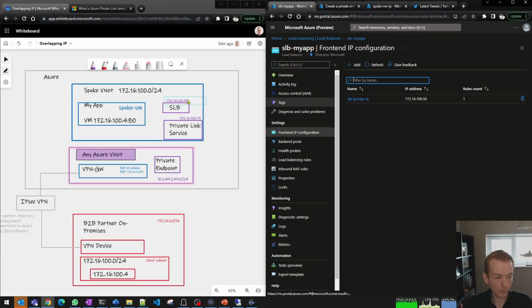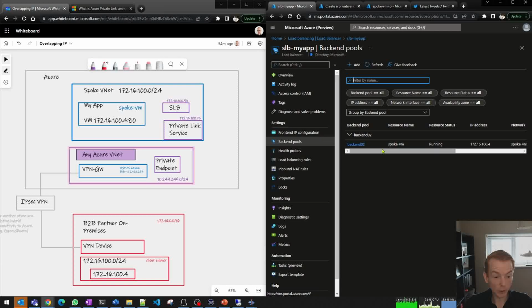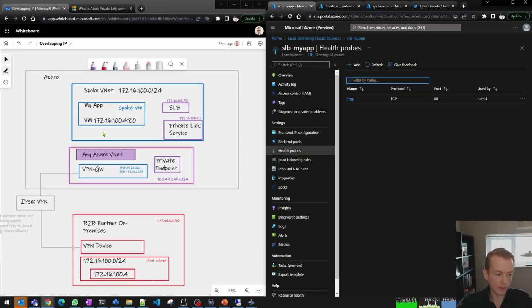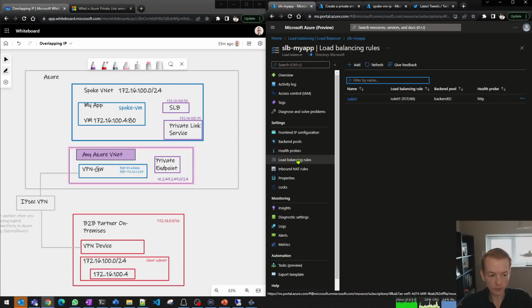I've statically mapped the front end. A single backend pool has to be defined based on NIC when you're using private link service. You see my backend there is pointing to the NIC on my spoke virtual machine. I've got a very simple health probe: just check it's alive on port 80. My load balancing rule is equally simple: take it in on port 80 and send it out on port 80.